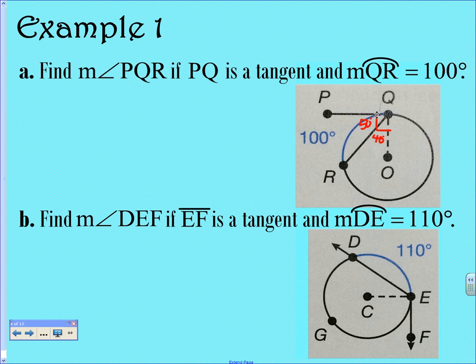Okay, what about arc DGE? Why is this 250? Because what does the circle add up to be? 360. So if that part is 250, what is our angle DEF? 125. Y'all see how that works?